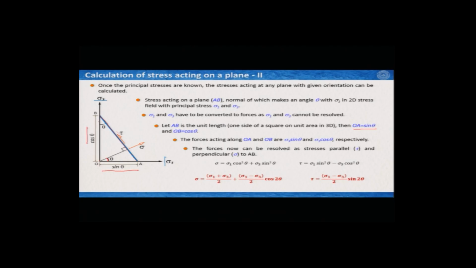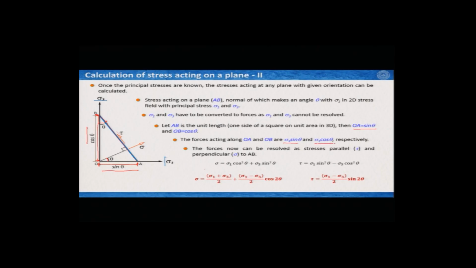Remember, this is your theta, so this has to be also theta. Now, the force acting on OA, along this particular side, and OB, this particular side, would be sigma 3 sin theta and sigma 1 cos theta respectively. Okay, this is simple geometry.